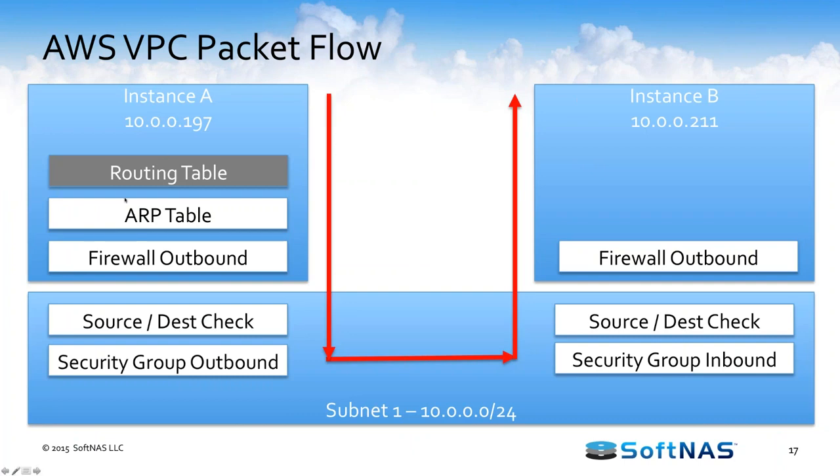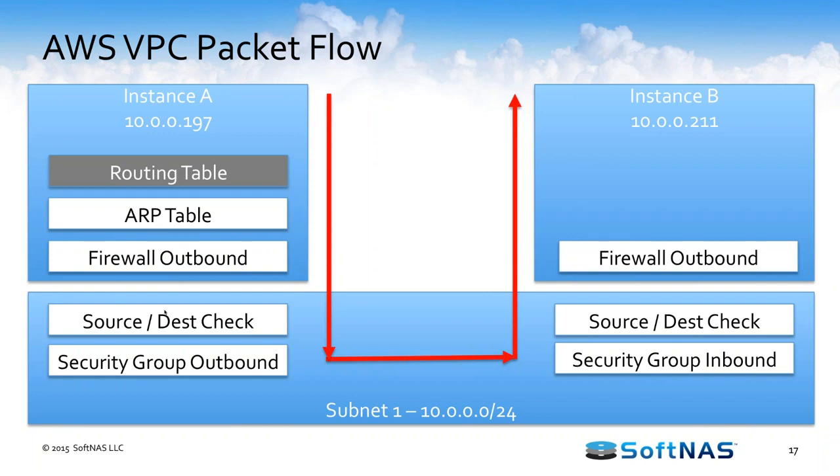So by default, the routing table, right, is the first thing that it hits. And that routing table has automatically a default route associated with it to route to all traffic within the overall CIDR of the VPC. Next, it hits the ARP table, the outbound portion of the firewall. A source and destination check actually occurs, which is a configurable option within AWS.